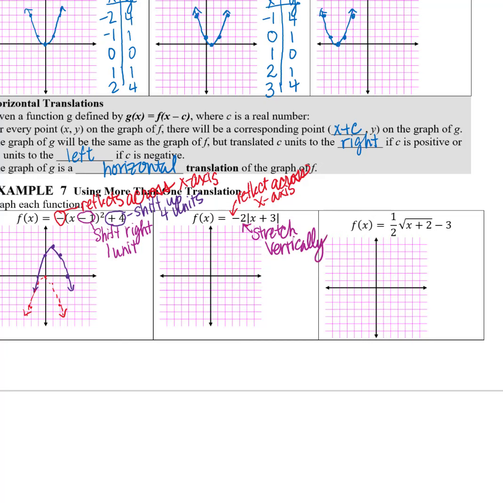And then the +3 is going to shift it to the left by 3 because it's inside of the absolute value.